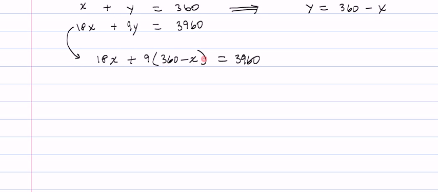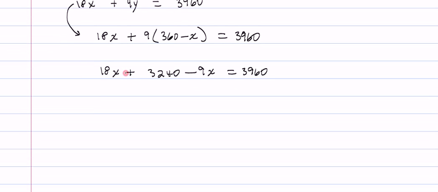All right, we're almost getting there. I want to clear the parentheses, so we get 18x plus, and 9 times 360 is 3240, and then 9 times the negative x is negative 9x. And that's equal to 3960. Well, we collect our like terms over here. We get 18x minus 9x, which is 9x.